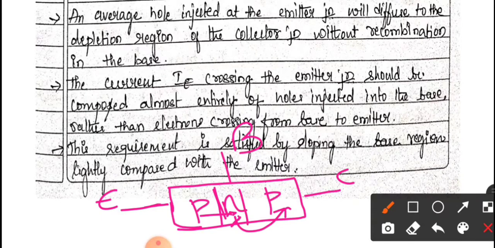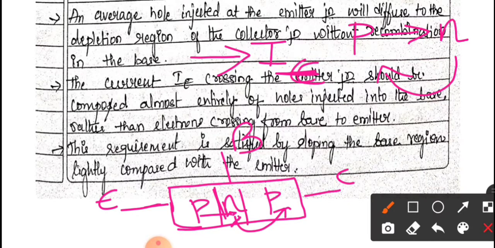The emitter current IE is due to the movement of holes from the P region to the N region. Similarly, there will be a small amount of electrons from the N region moving towards the P region, and that proportion should be very small. That means the current IE crossing the emitter junction should be composed almost entirely of holes injected into the base rather than electrons crossing from the base.